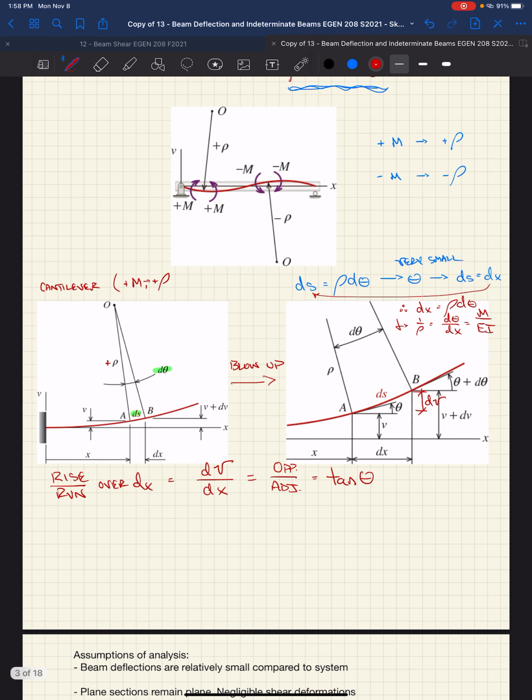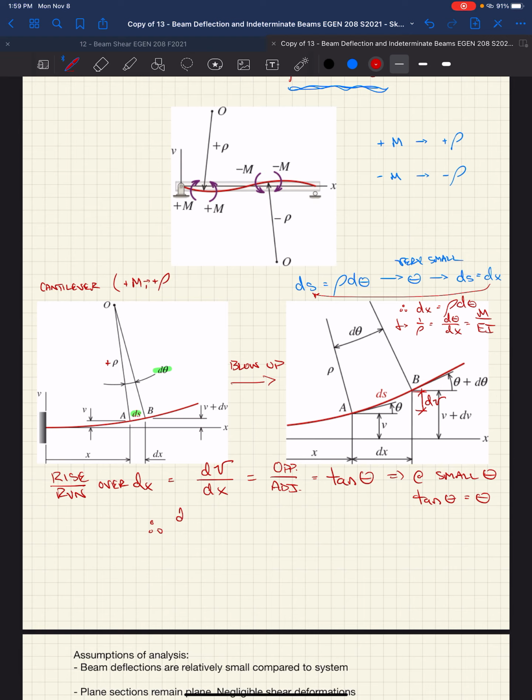And we know at small thetas, the tangent of theta is really just theta.